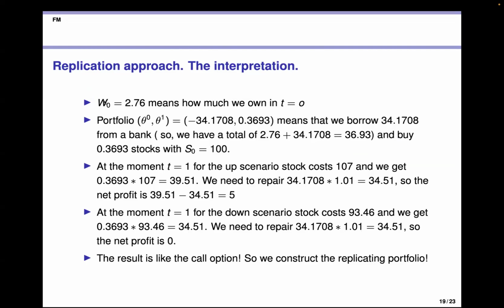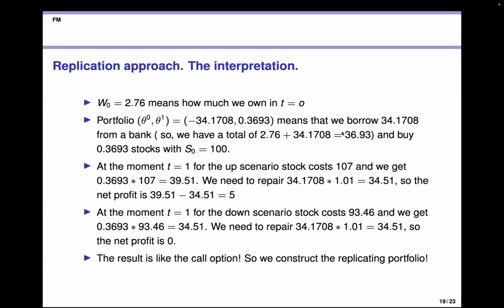for the investor portfolio approach, this money means how much we own. The portfolio with these coordinates means that we borrow this amount from a bank. So we had 2.76, and this we borrow.